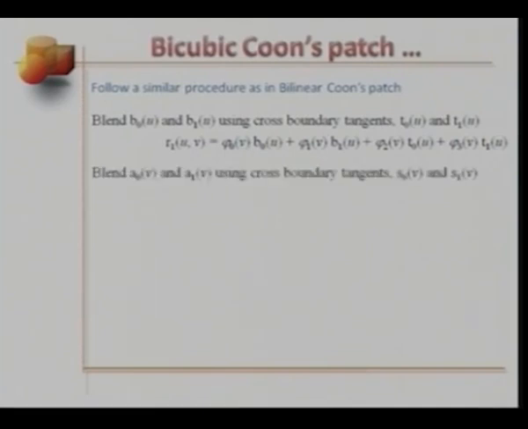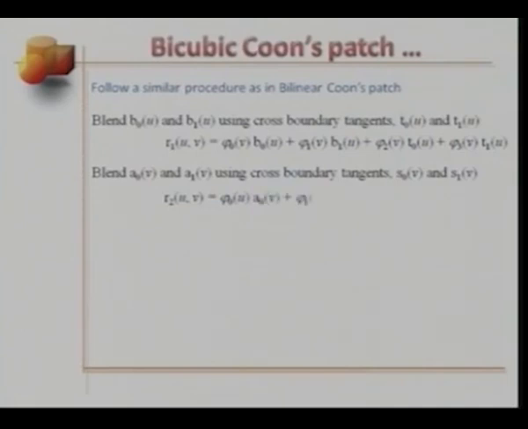Likewise, we are going to be blending the two other bounding curves, A0 of V and A1 of V, and we'll use cross boundary tangents S0 of V and S1 of V. And this way we'll create the other lofted patch model.